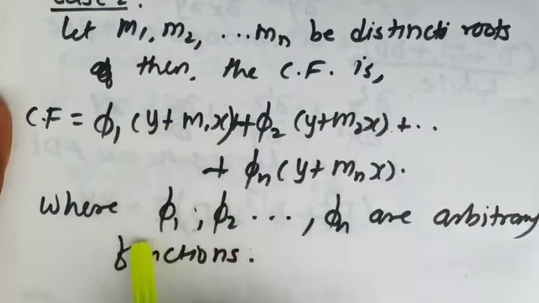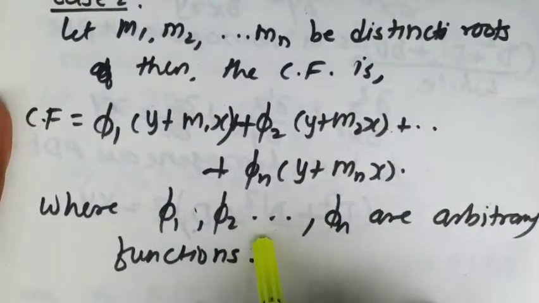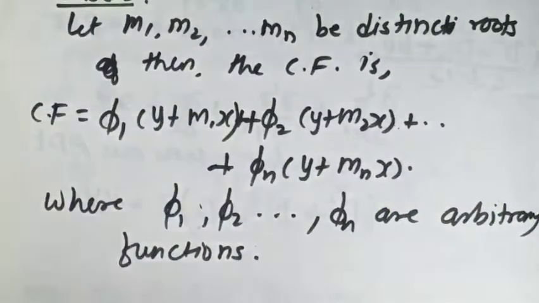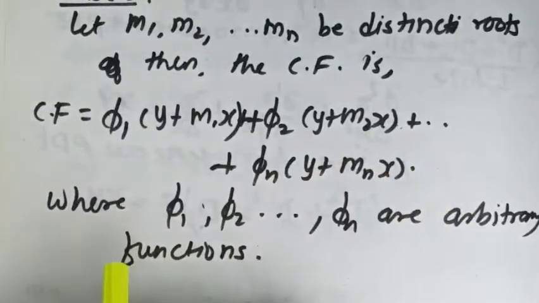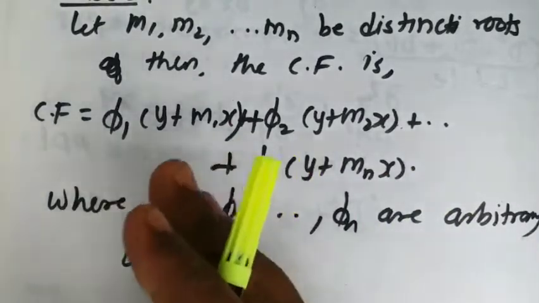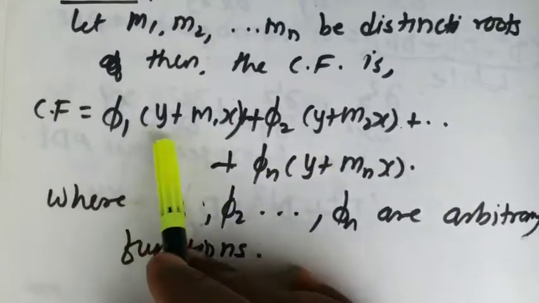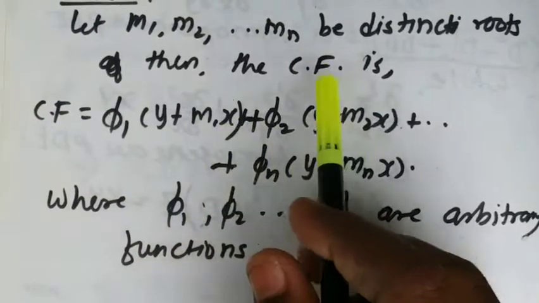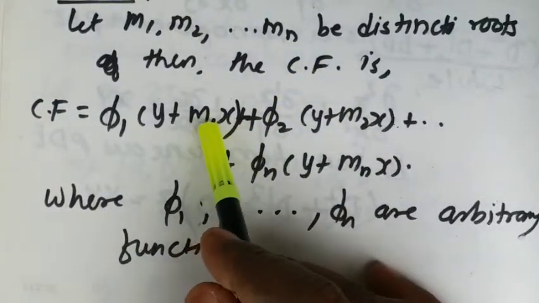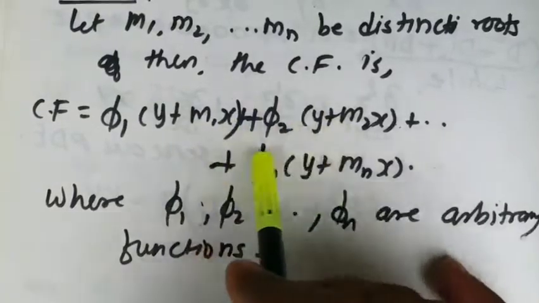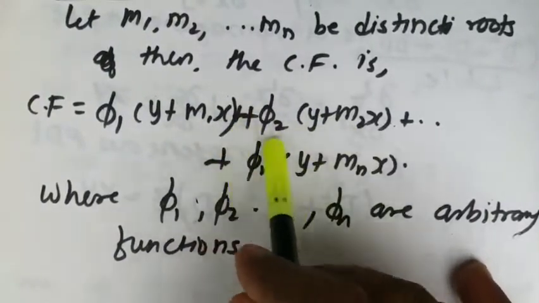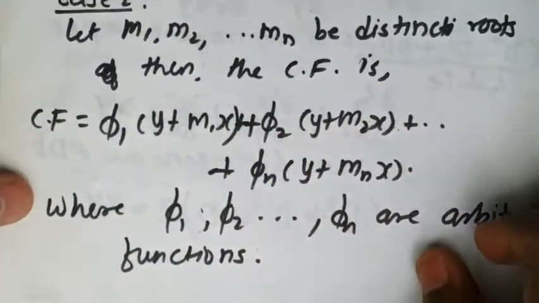And φ1, φ2, φn are arbitrary functions. Like in the ordinary case we had arbitrary constants c1, c2, c3, here we have arbitrary functions in the complementary function, and these roots m1, m2 we need to place in the coefficient of x. In that way you will get n arbitrary functions as the complementary function.